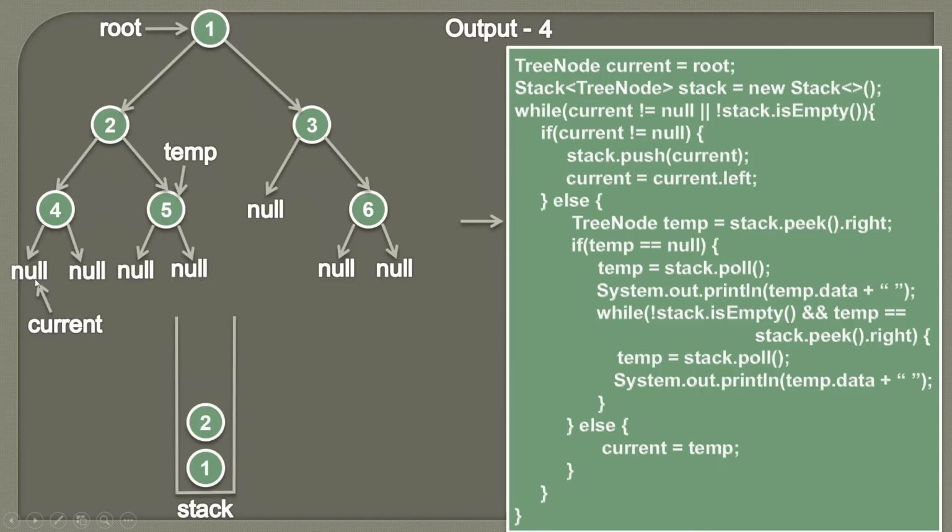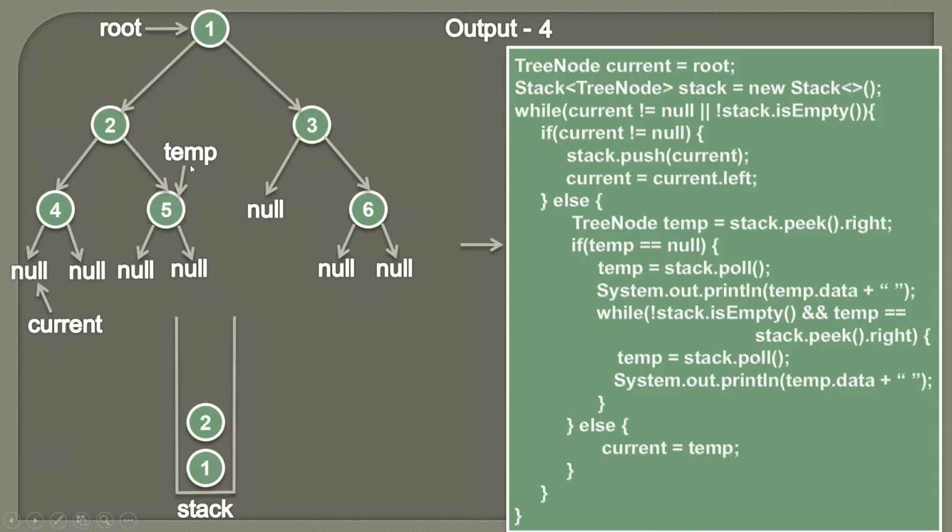As current is pointing to null and we have recently visited node 4, and we also verified that the node is at the left of 2, there can be a possibility that node 2 might have a right subtree. In post order traversal, after visiting the left part, we need to visit the right part, and only then can we visit the parent. So we are assigning the value of stack.peek.right. 2's right is 5, so temp will point to 5.